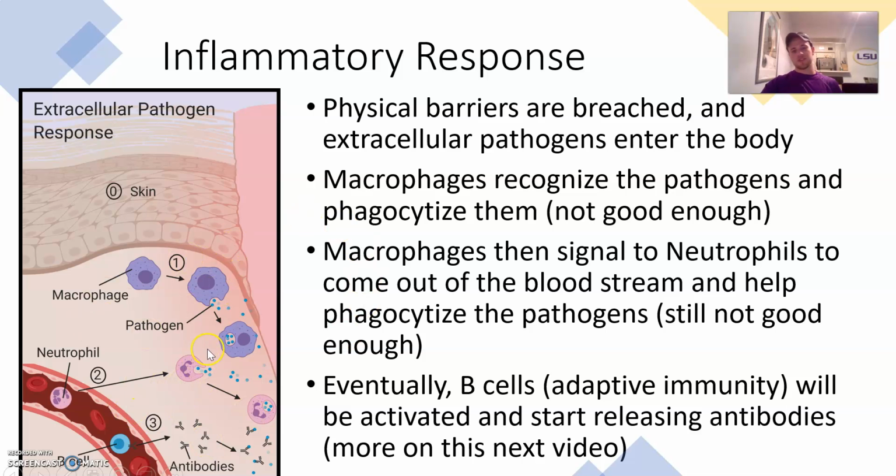We'll finish the rest of this picture later, but I just want y'all to get that you have a breach of your physical barriers, and then this activates these two different types of leukocytes, these macrophages here, right? And then these macrophages phagocytize these bacteria, and then once they recognize that there's extracellular bacteria, it signals to neutrophils to come out of the blood, and then phagocytize bacteria as well.